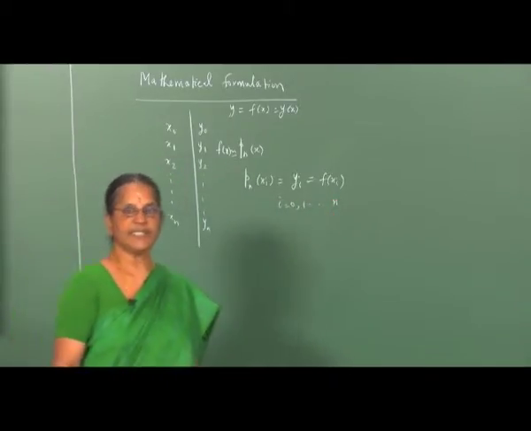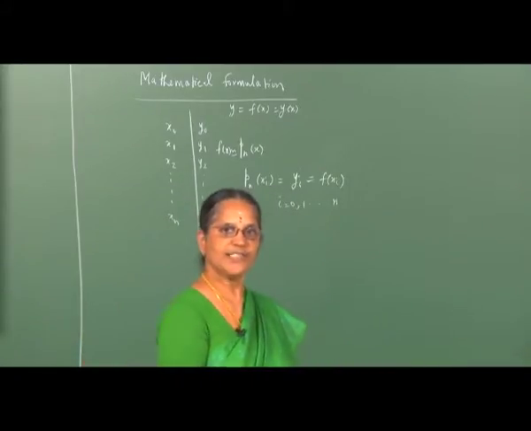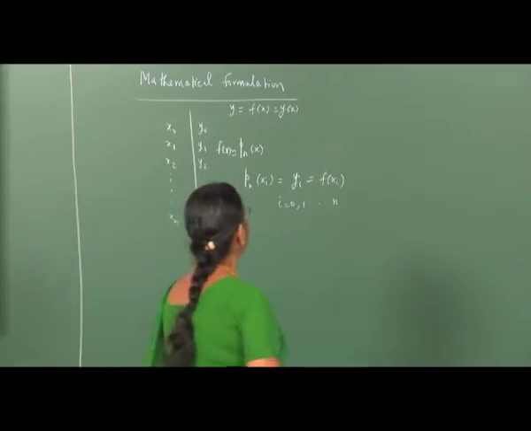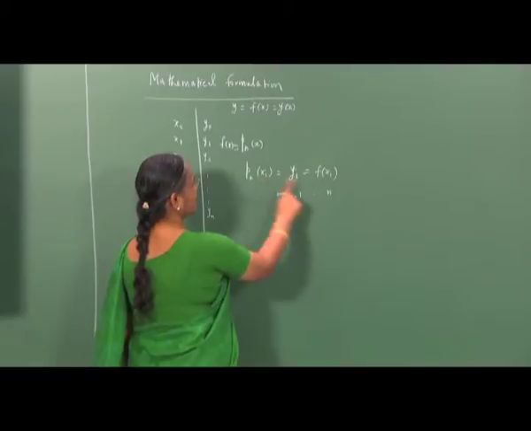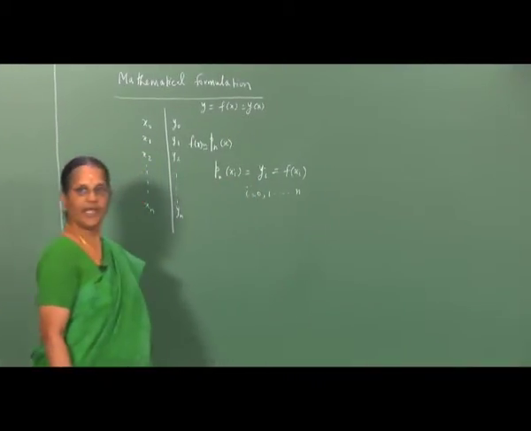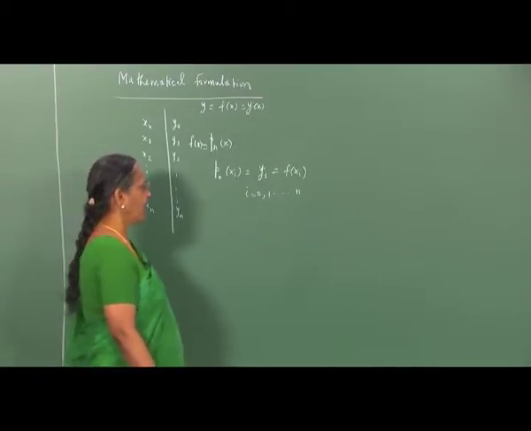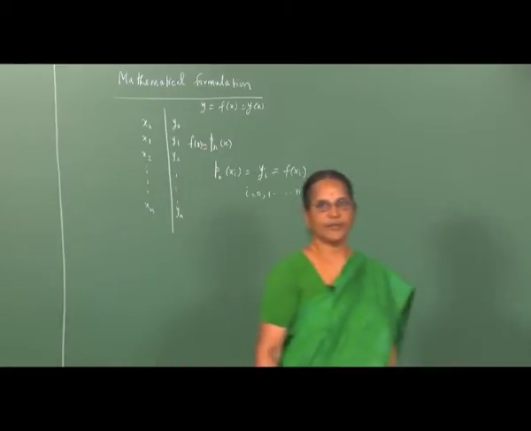So, the problem is to seek a polynomial p n of x of lowest degree possible that interpolates the function f of x at a set of discrete points such that p n of xi is yi for i equal to 0 to n. So, this is the problem that we would like to address now.